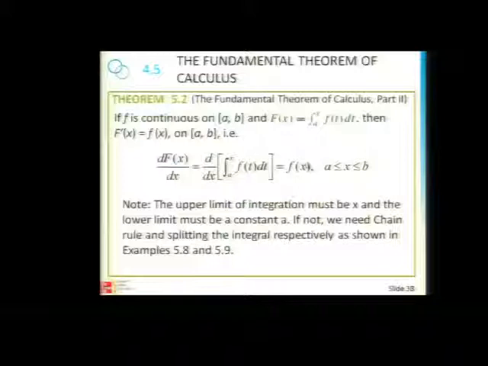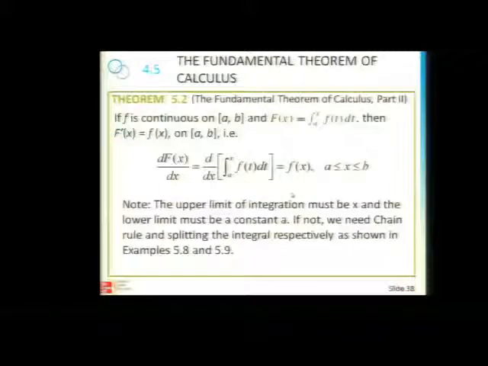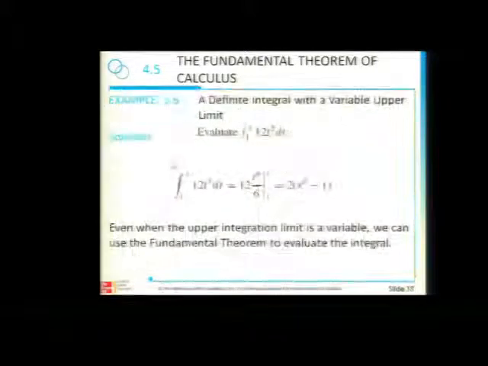So what's the use of this theorem? I told you just now, if you have an integration, something like that, integrating from a constant to a variable x, you end up with a function of x. This theorem gives you the derivative of the integral. This is a function of x, right? This is a function of x, F(x), like this one.